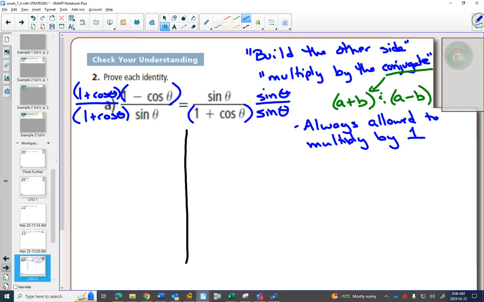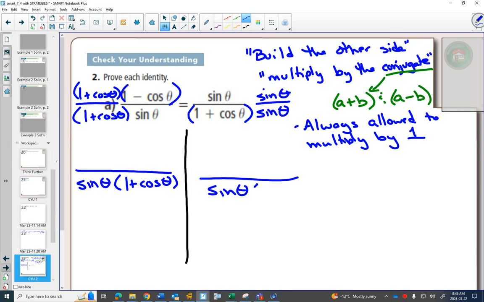And so what my strategy is at this point, and I'm not even going to multiply out the bottom, I'm going to leave it factored. My strategy is at least I have my denominators the same on both sides. And then I'm going to see what happens in my numerators. Maybe something nice is going to happen.